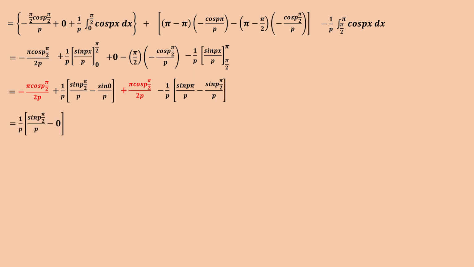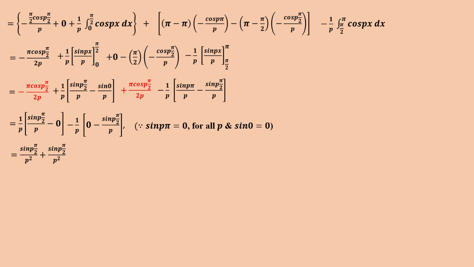So here the terms marked in red, that is the minus term and this is the plus term, so both will get cancelled. You will get the remaining terms: minus 1 by p sine p pi, which is always 0, so minus sine p pi by 2 by p.